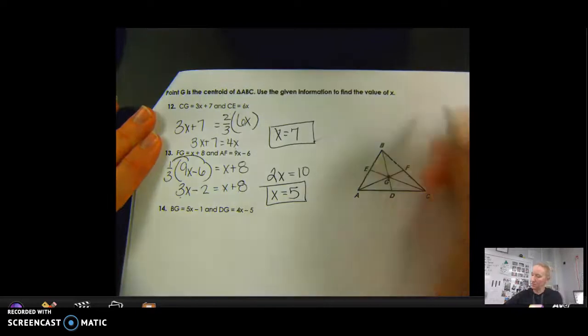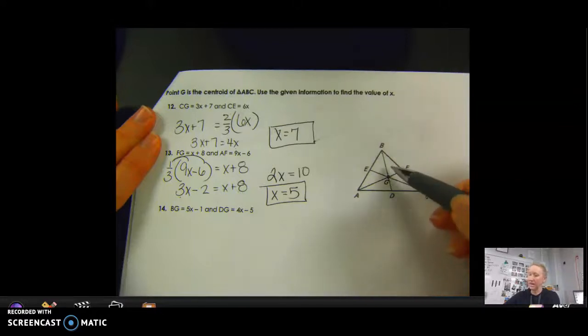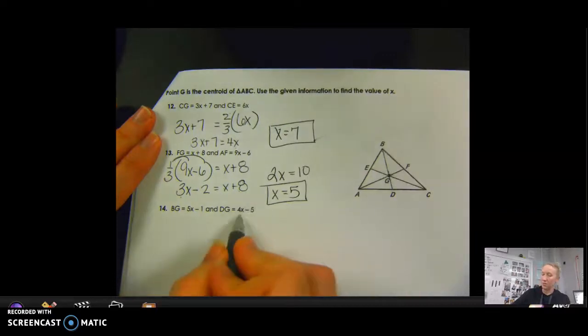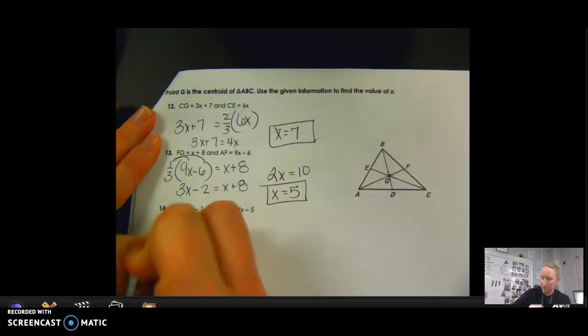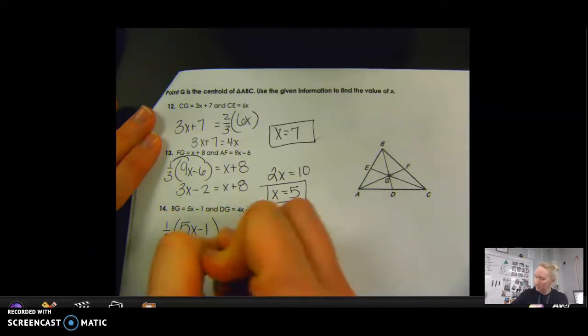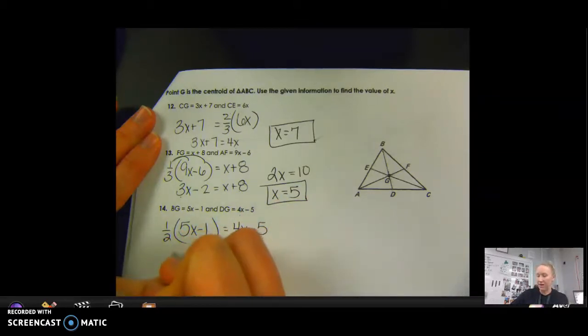And then the last one, BG is the 2/3 section. DG is the 1/3 section. Remember, the 1/3 section is half of the 2/3 section. So if I want my 2/3 section to be equal to my 1/3, I need to take half of it to make it equal. So I'm going to multiply it by 1/2 and set it equal to 4x minus 5. Okay, so half of 5x is 5x over 2, or 2.5x.